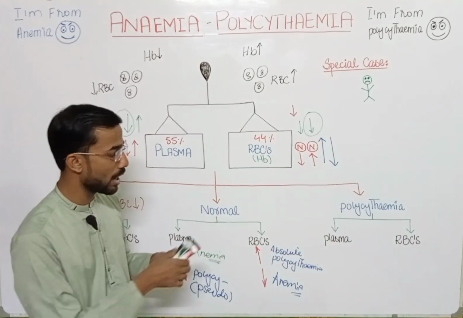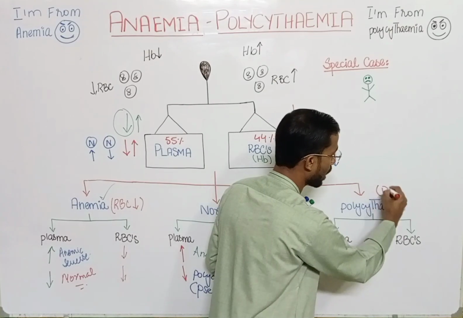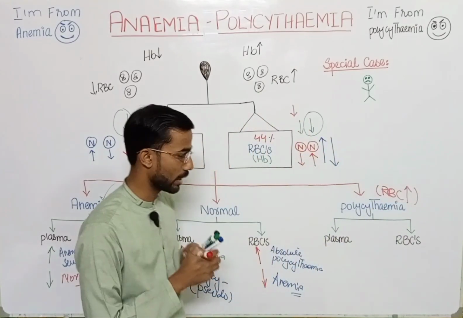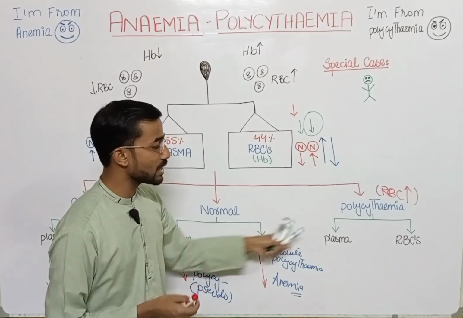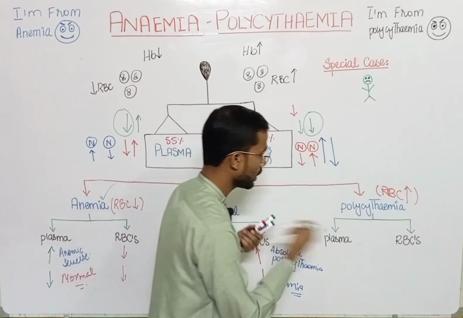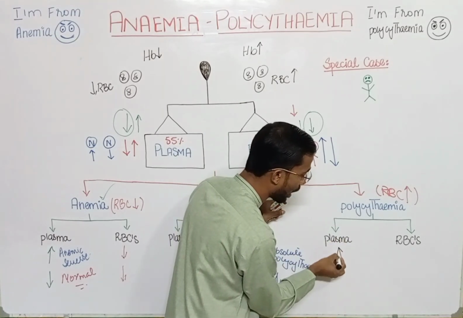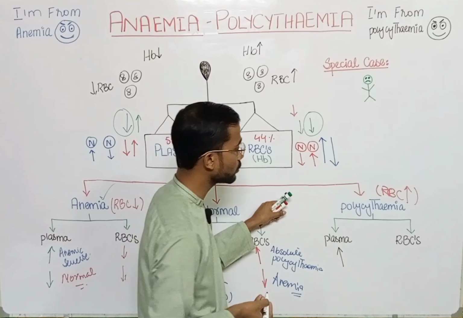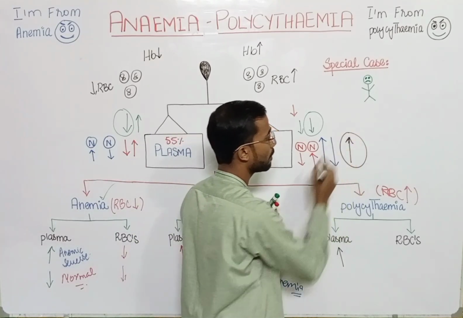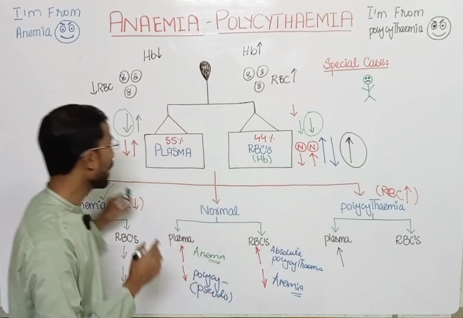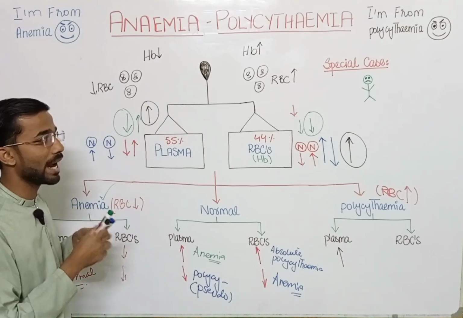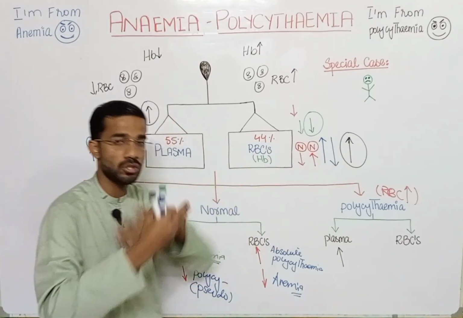In polycythemia we know that the RBC number increases. Okay, if we do a comparison with the plasma, and we increase the amount of the plasma, these are basically two similar situations.